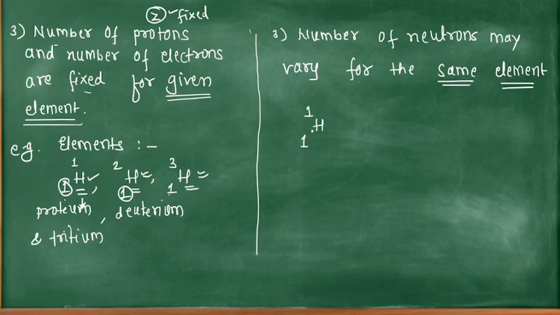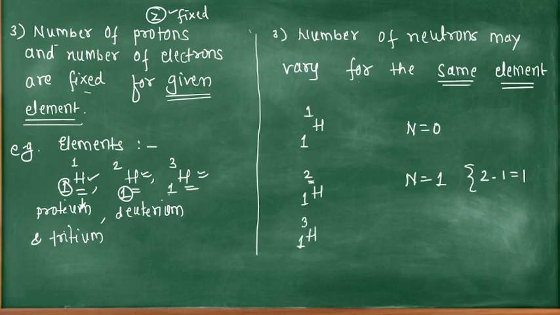Now for 1H1, you can find the number of neutrons as we just saw: n is equal to 0. For 1H2, the number of neutrons n is equal to 2 minus 1, which is 1. Mass number A is 2 and atomic number is 1, so 2 minus 1 is equal to 1.